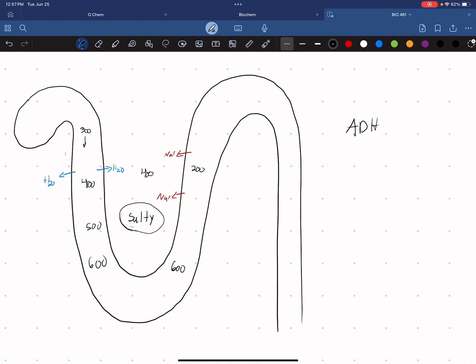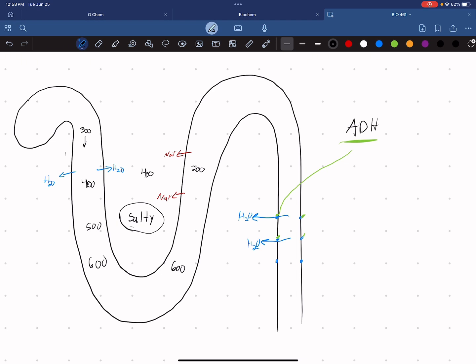Here we have aquaporins along the collecting duct, and what ADH will do is come and bind to these aquaporins, which allows the reabsorption of water back into this space here. If we have an increased amount of ADH, we will have more open aquaporins that allow water to be reabsorbed.